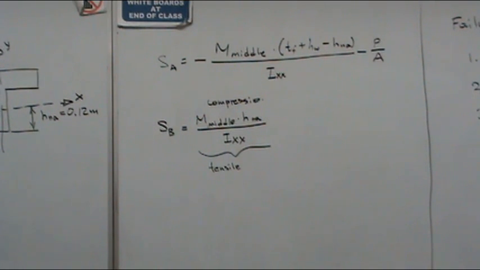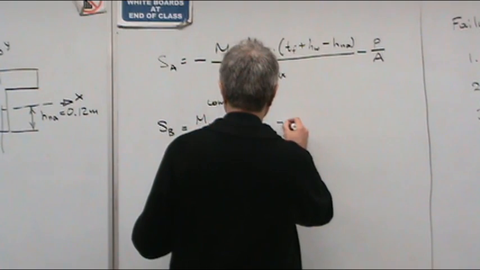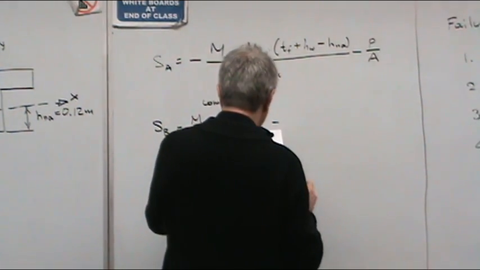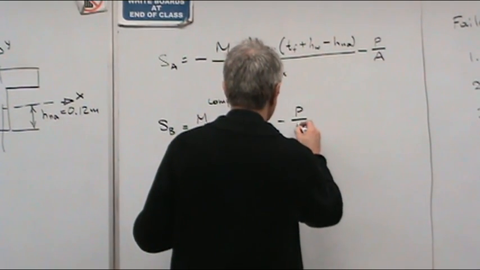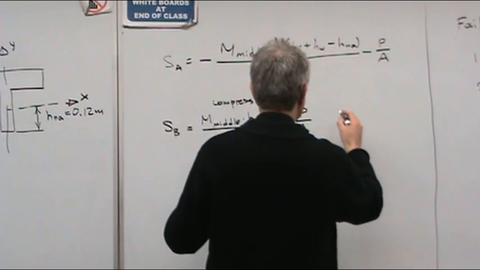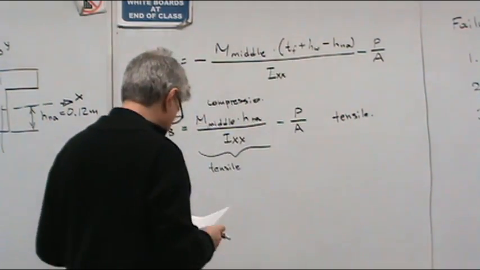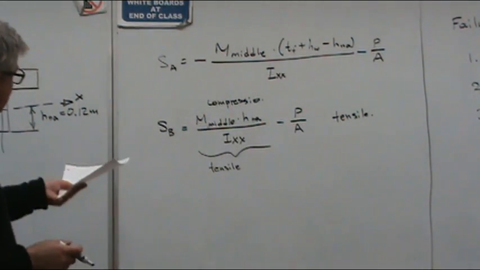What is that component? Well, yes, P over A, right, and it's compressive. Because it's compressive, it's negative, so actually it helps to reduce the stress. The total stress is tensile. So these are the stresses.